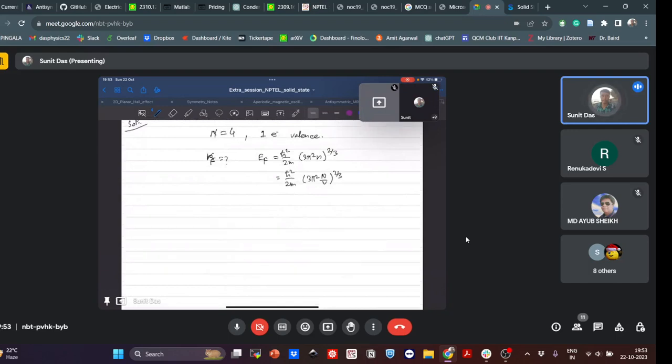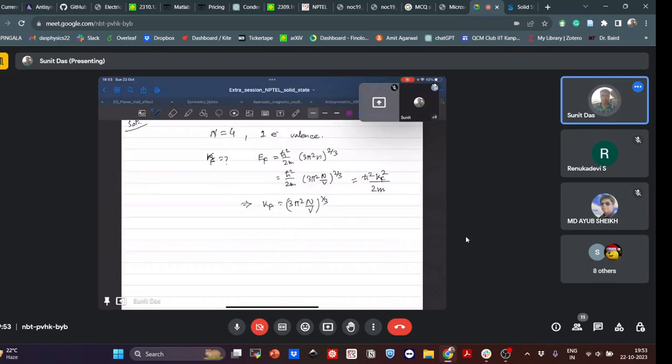And this expression we can equate with the conventional parabolic dispersion ħ² kF² by 2m. So that means kF is (3π² N/V)^(1/3), right?